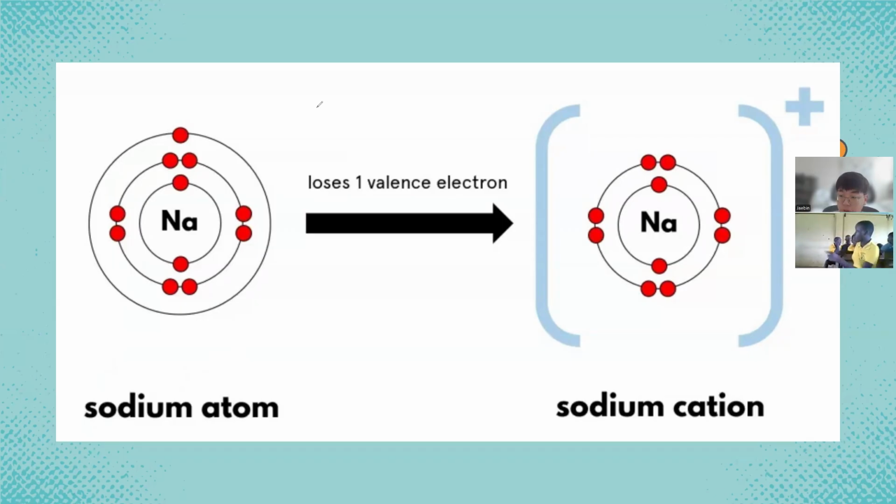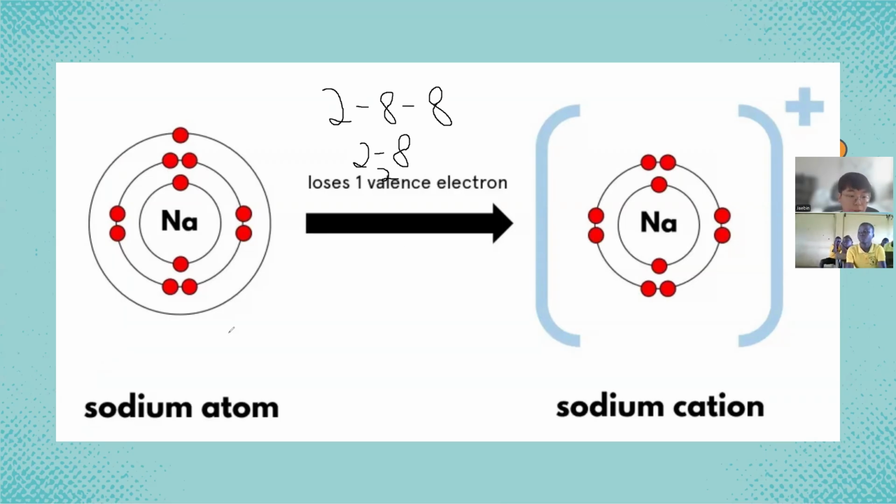You remember the electron shell structure of two, eight, or two, eight, eight, or even just two. Those are very stable forms of electron shells.